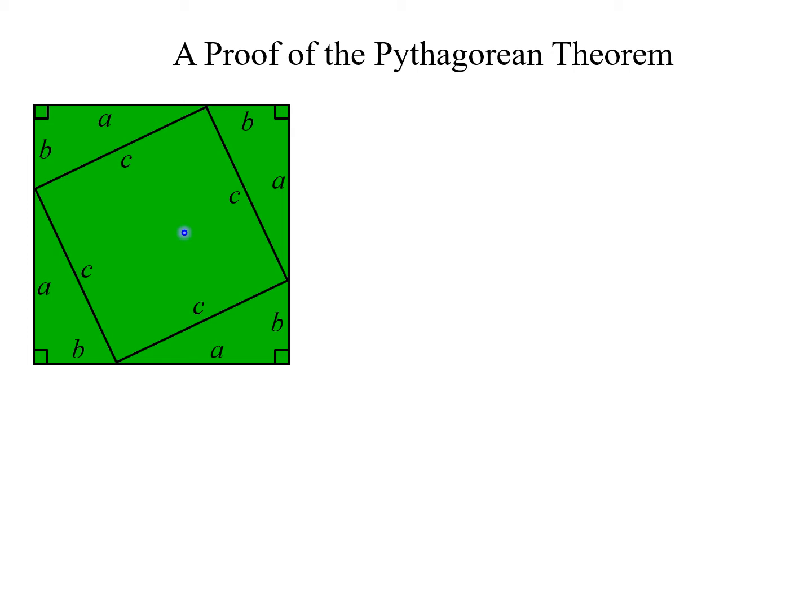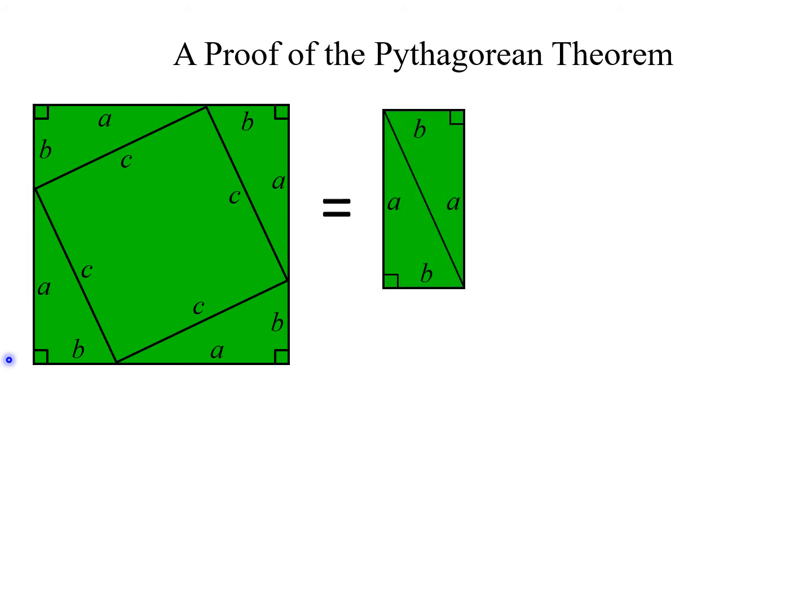What we're going to do is rearrange these 5 shapes, and we're going to put them over here. Okay, so those 5 shapes can be arranged. I'm going to take 2 of the right triangles and put them together to form a rectangle. So I do that.